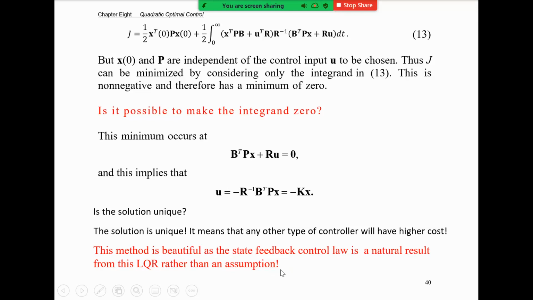At the beginning, we assumed that it is this linear feedback, but now we show it has to be in this form. There is no other way to minimize this cost function. Any questions?